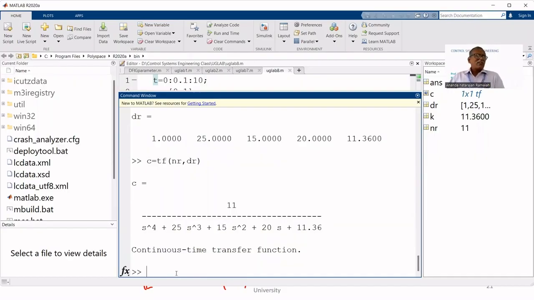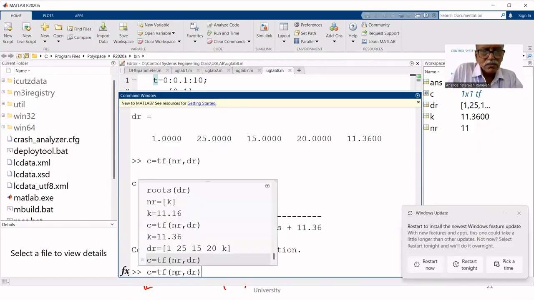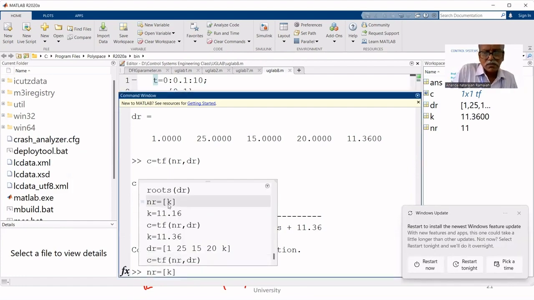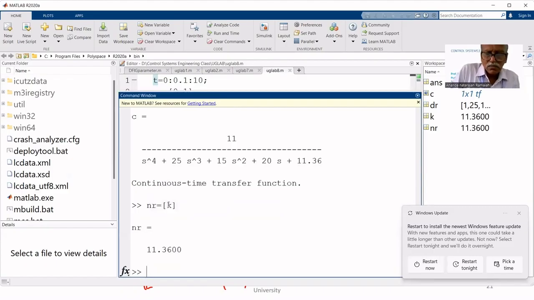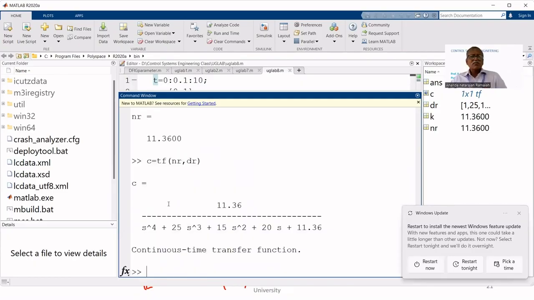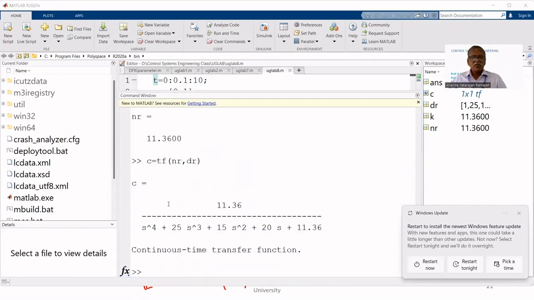We have to run the numerator once. The transfer function is 11.36 over s power 4 plus 25 s cube plus 15 s square plus 25 s plus 11.36.